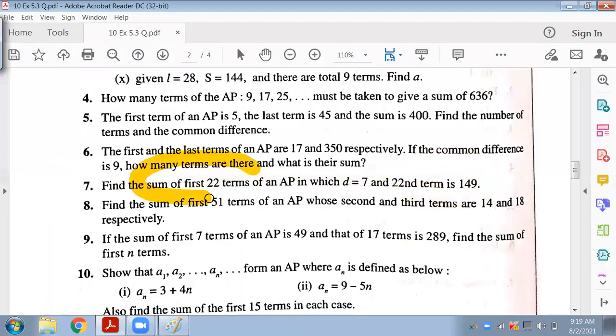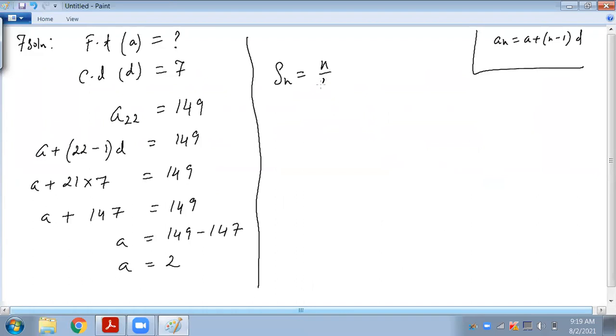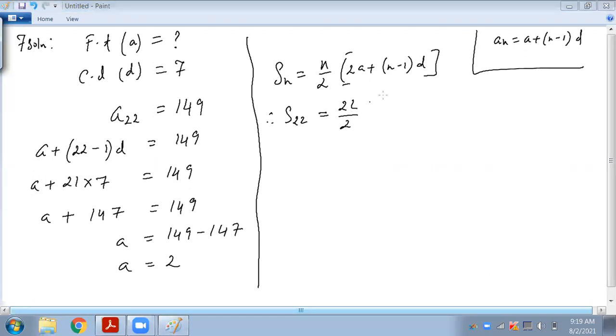Now we know a, so we can find the sum of 22 terms. In the question, you're asked to find the sum of 22 terms. That means S22. We know Sn is given by n by 2 (2a plus (n minus 1) d). Therefore, S22 equal to n is how much? n is 22, by 2. 2a, a is how much? 2, plus n is 22 minus 1. d is how much? 7.